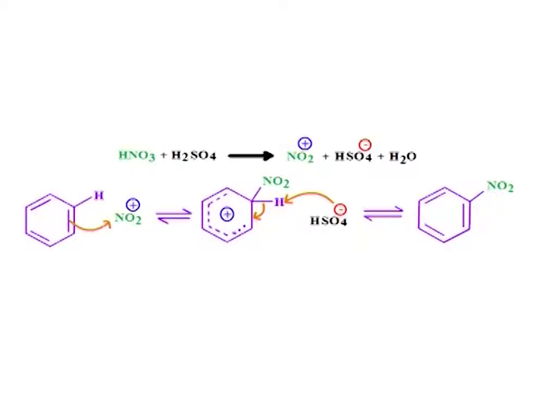In the first step, generation of the electrophile and addition to the aromatic ring to produce a resonance stabilized sigma complex, also known as arenium ion, takes place. In the second step, the sigma complex regains the aromatic stability by eliminating a proton from the tetrahedral carbon atom.